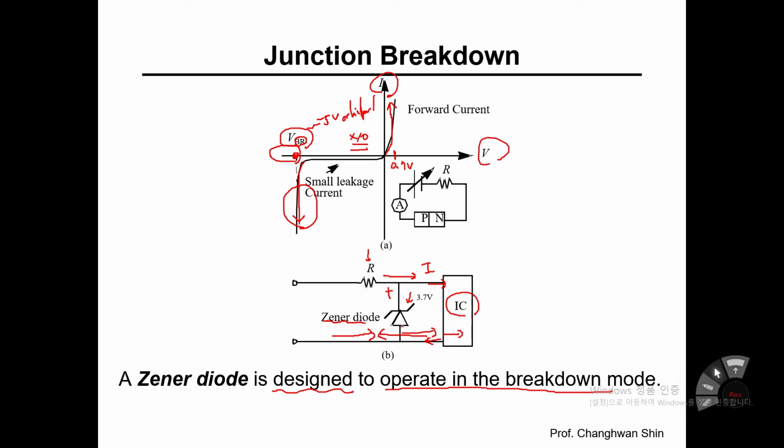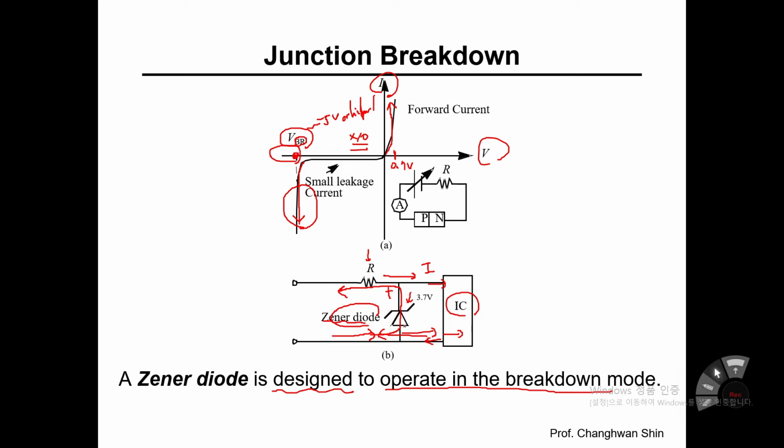For that purpose, the Zener diode should be turned on when the unwanted current has been allowed into the IC chip. So this unwanted current should flow through the Zener diode. So the Zener diode acts as a bypass for the unwanted current flow.